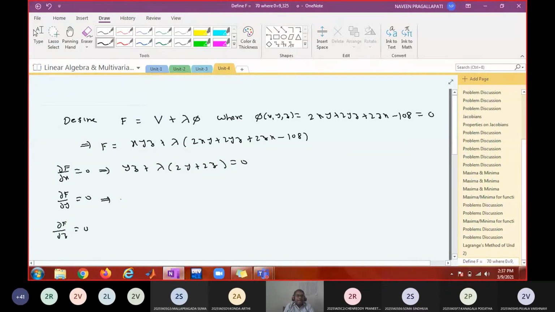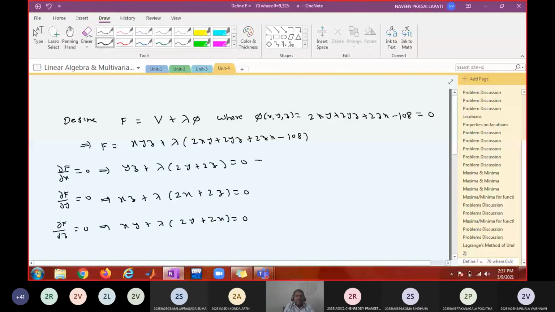From this, xz plus lambda into 2x plus 2z equal to 0. And xy plus lambda into 2y plus 2x equal to 0.